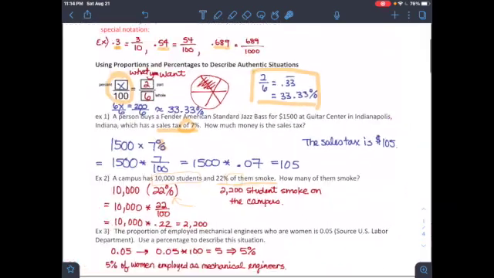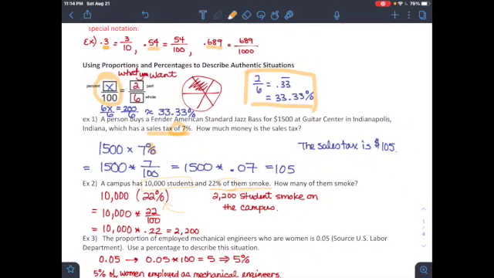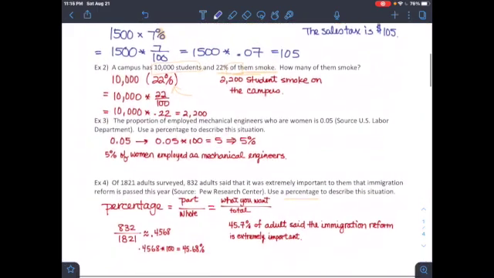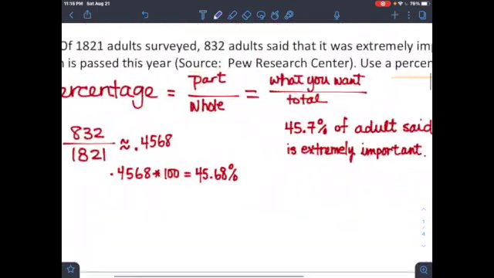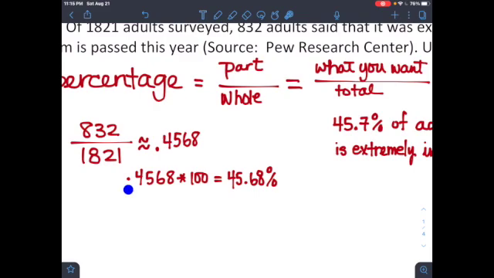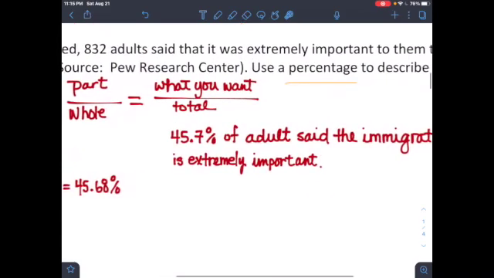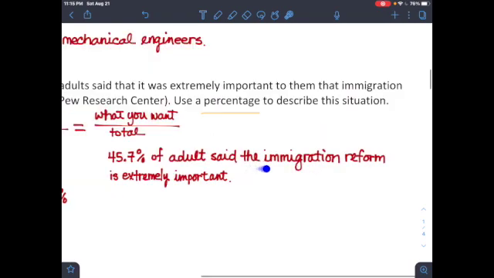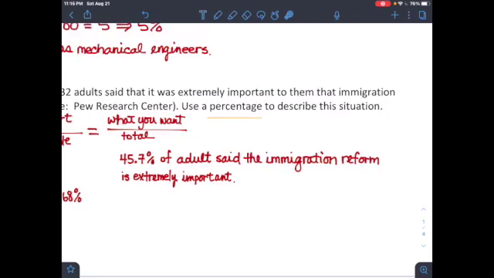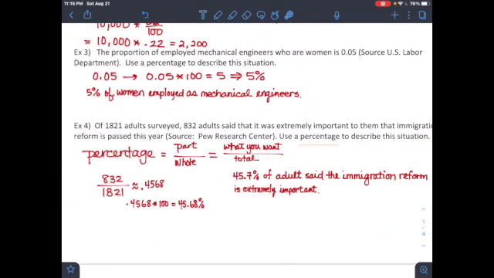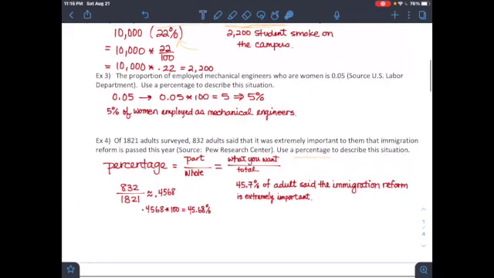So in this case, we are going to take our decimal times 100, which gives me 45.68%. Rounded to 1 decimal place, that is 45.7% of the adults said the immigration reform is extremely important. So that is what you need to write down for example number 4.